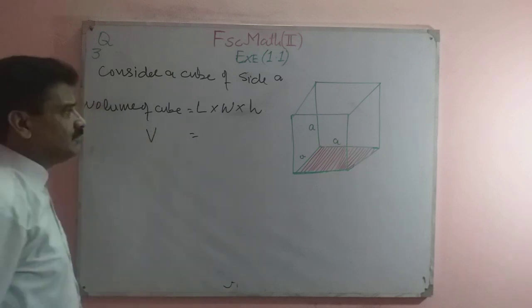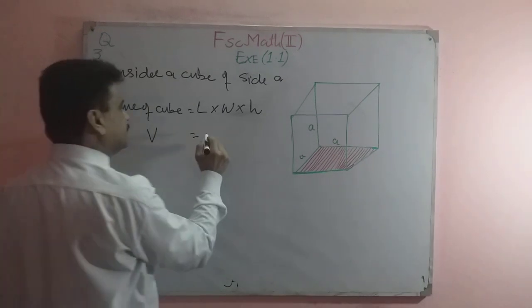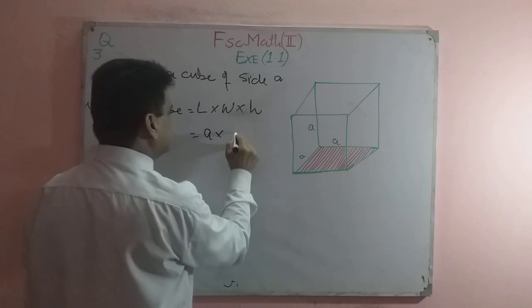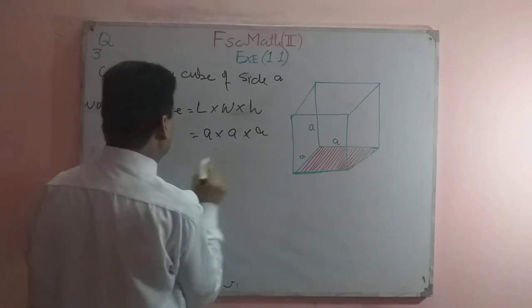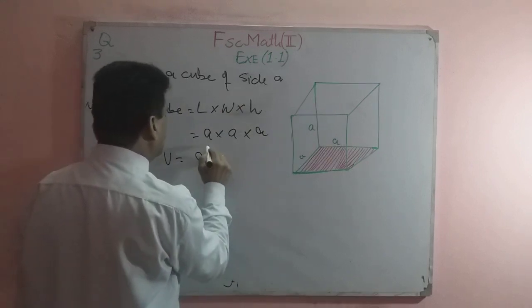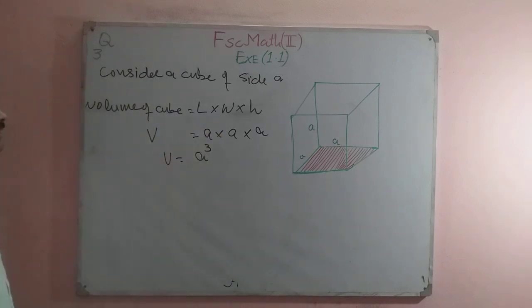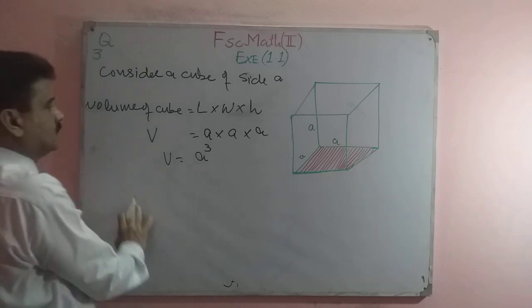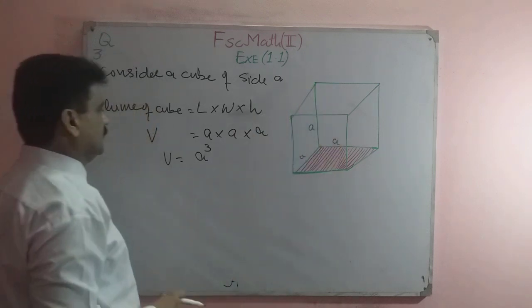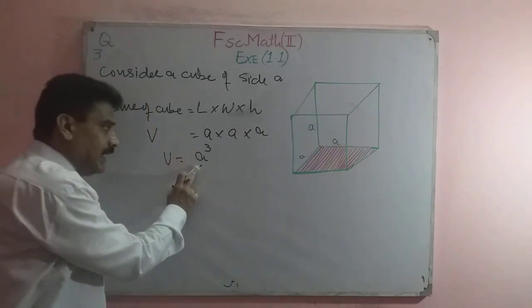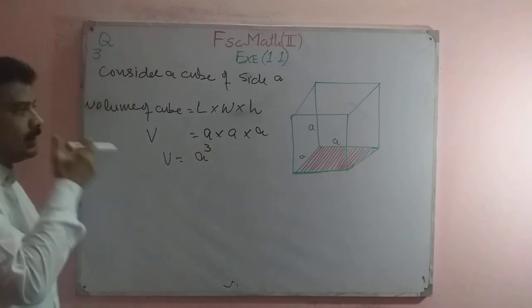V stands for volume, and length is a, width is a, height is also a. Volume of cube will be equal to a cube, in cubic meters or cubic units.